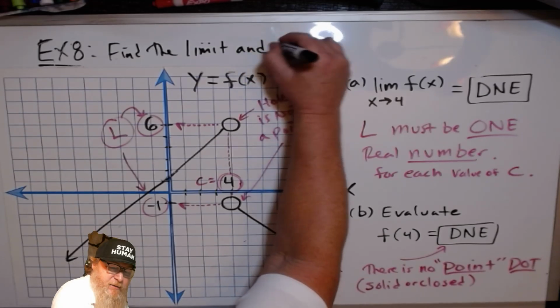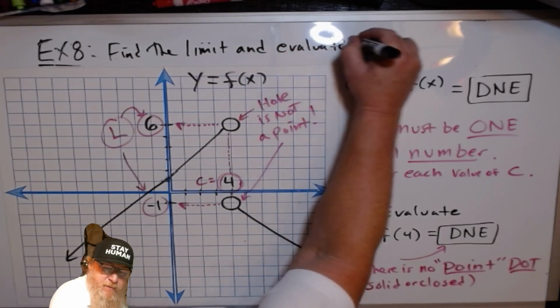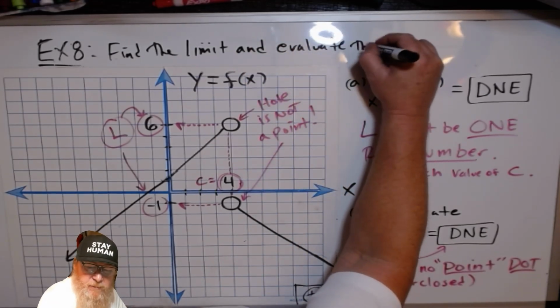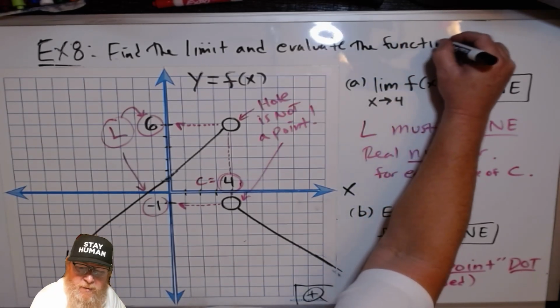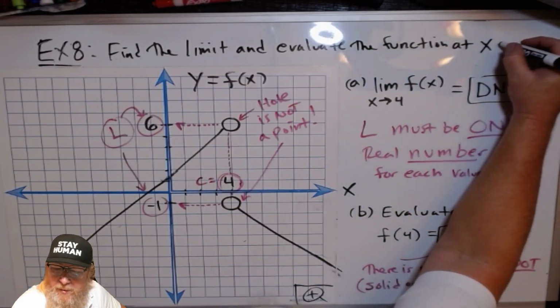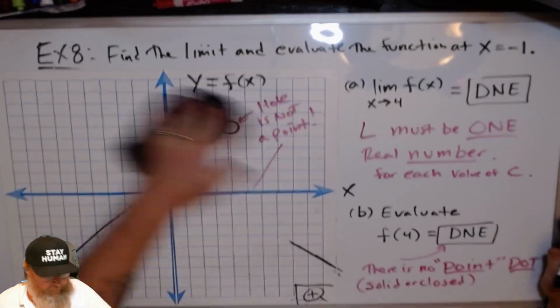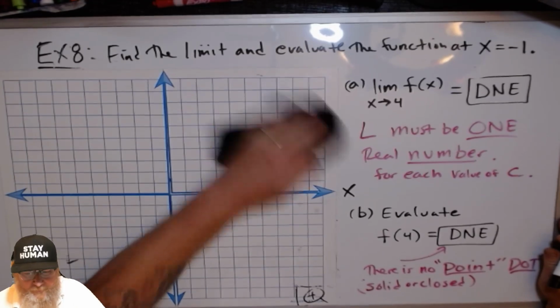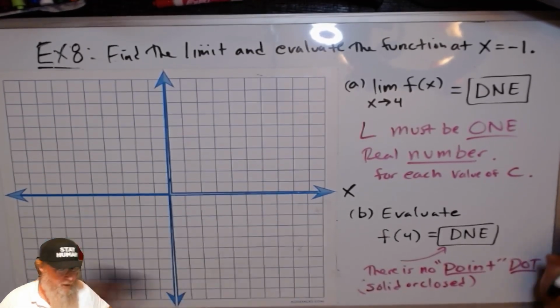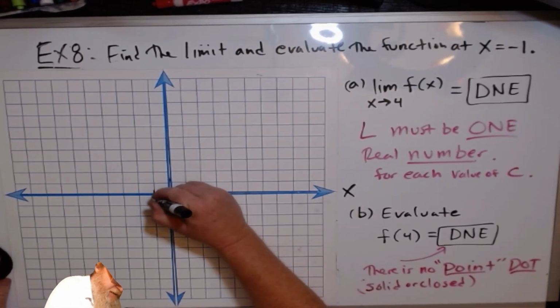Find the limit and evaluate the function at x equals -1. And we'll end with a good one. All right, so here's -1.